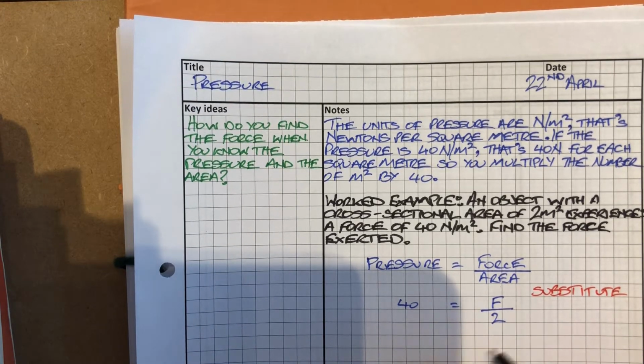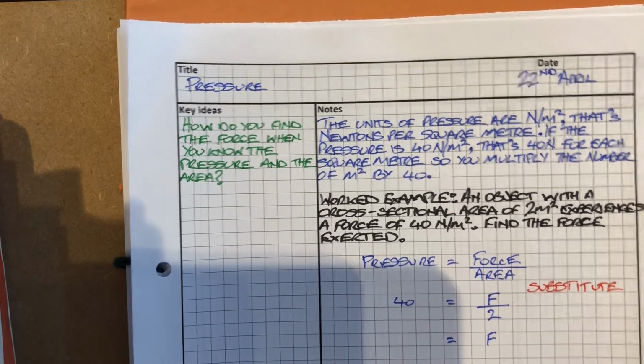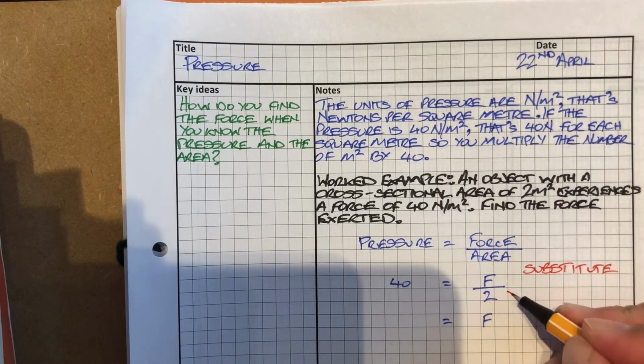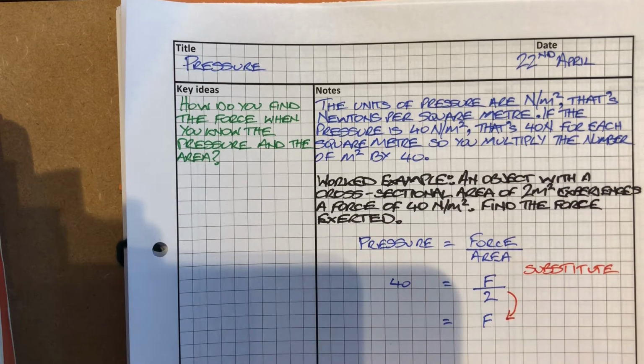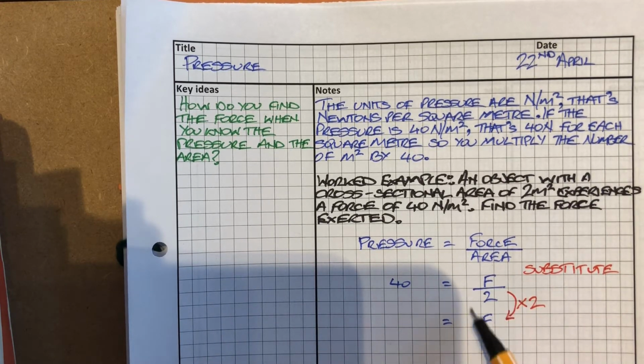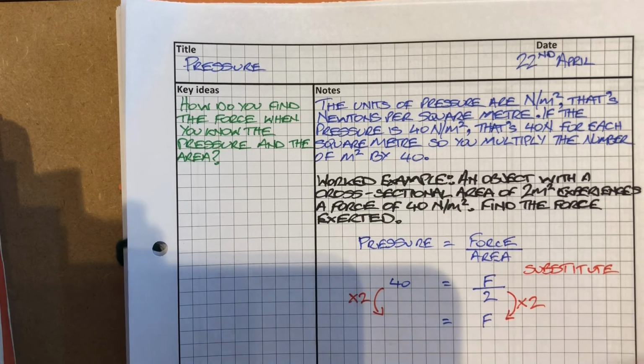Now, we don't want F divided by 2, we want F. We need to get F on its own. Why isn't it on its own at the moment? Well, because it's been divided by 2. So we need to get rid of divided by 2. We do the opposite of divided by 2, that is times by 2. So instead of having half F, we have all of F. If we multiply by 2 on one side, we multiply by 2 on the other side.